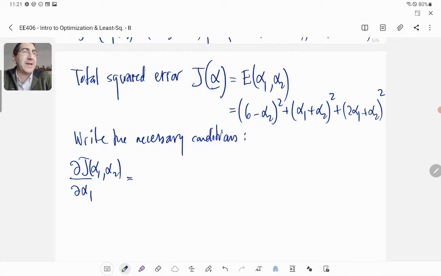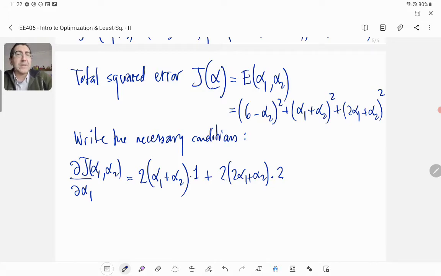The first term does not have any alpha 1, so it just goes away. The second term has alpha 1 in it, so it's going to be 2 times alpha 1 plus alpha 2, so 2 times the term in the parentheses times the derivative of the inside with respect to alpha 1. That's times 1, because the derivative of alpha 1 with respect to alpha 1 is 1. Plus the last term, again 2 times 2 alpha 1 plus alpha 2, times 2.